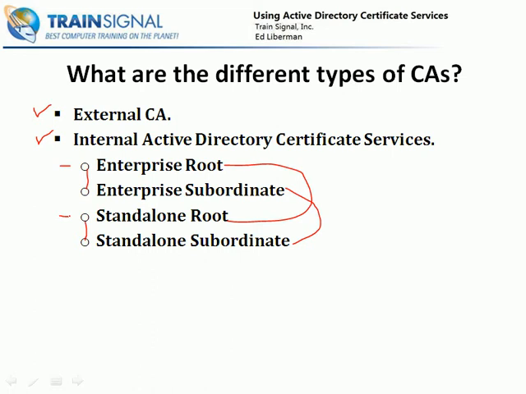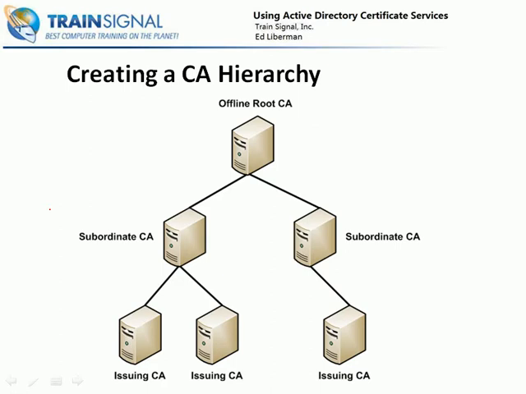Now, a subordinate CA would be a CA further down in the hierarchy, which receives a certificate from the root CA. Here, let me bring up a diagram to help show this. Here I have a diagram of what I think is a somewhat typical CA hierarchy. Up here at the top, we have a root CA.